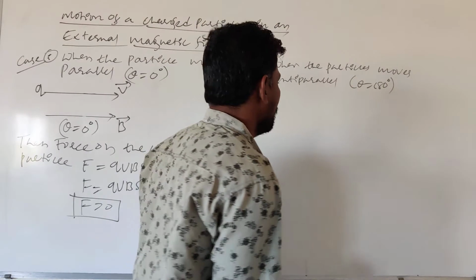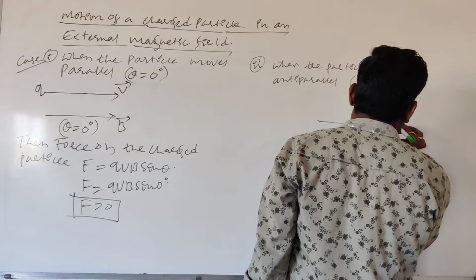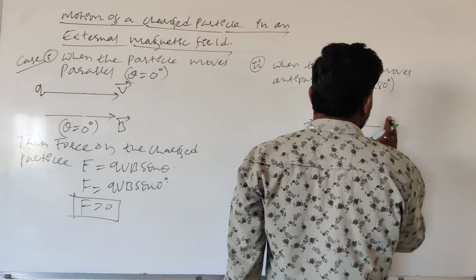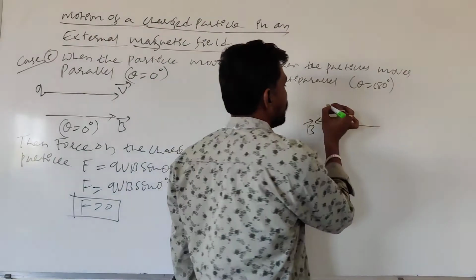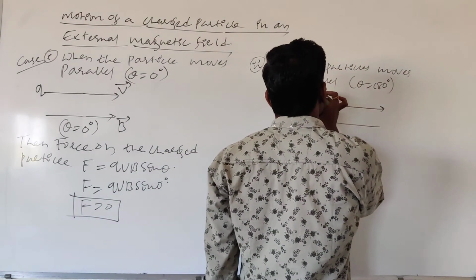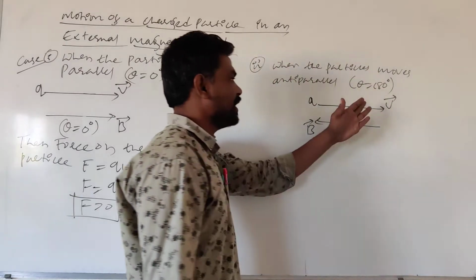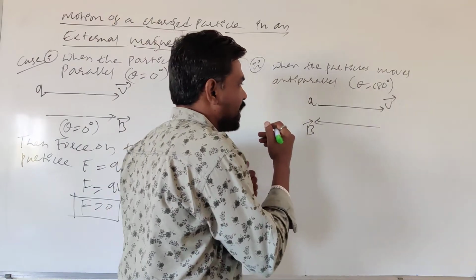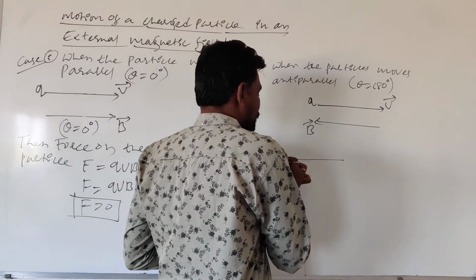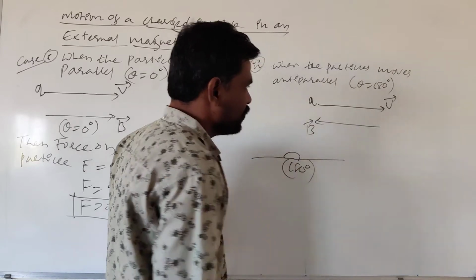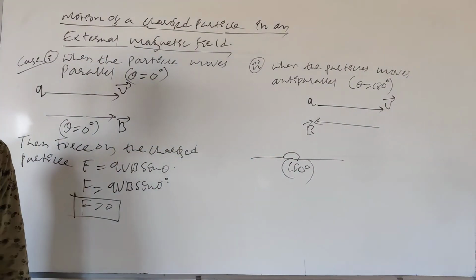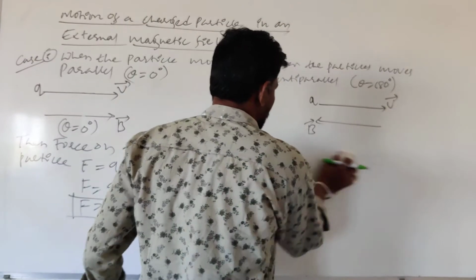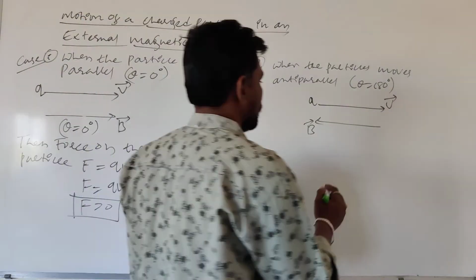This is the direction of the magnetic field, and the charge is moving in the opposite direction. So the angle between those two becomes 180 degree. So here theta is equal to 180 degree.